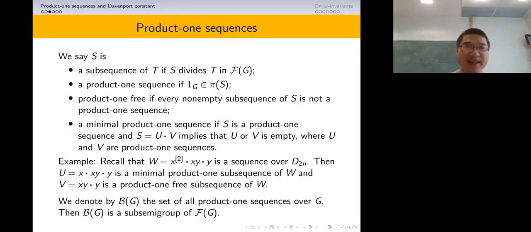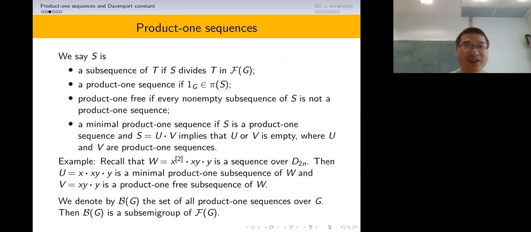We say S is a subsequence of T if S divides T in F(G). That means the terms of S are chosen from T. We say S is a product-1 sequence if 1_G is in pi(S), which means that there is an order such that the product of the terms of S equals 1.